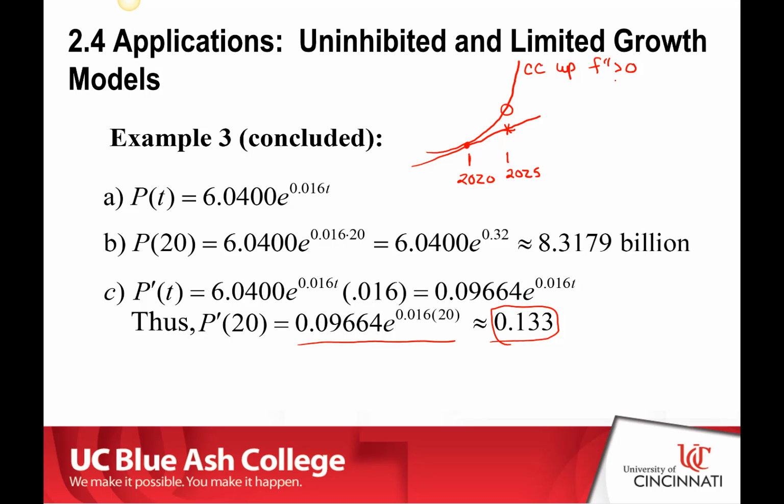Okay? If the function is concave down, and here's 2020, and we draw our tangent line, and we're interested in over here at 2025, we're going to be up here, and the true value is going to be there.